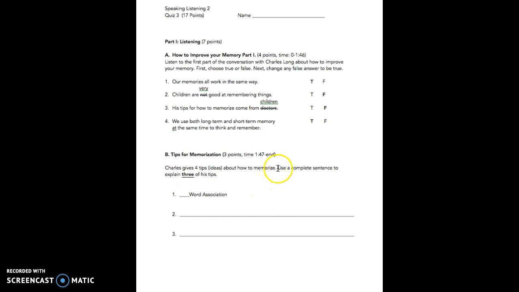So notice the directions say use a complete sentence to explain your tips. Remember that a complete sentence starts with a capital letter. So I wanted all of you to start with a capital letter and then write a sentence. So if you wrote association, you got half a point because you didn't write a sentence.